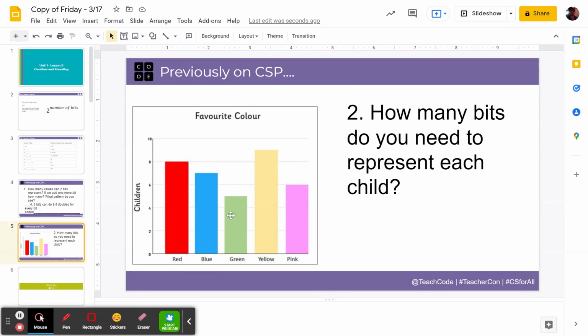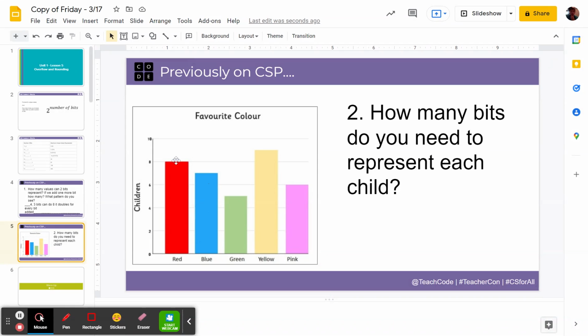The second one's a little tougher. This takes some multiple steps. So this is a chart where you have to figure out how many children there are, so you can figure out how many bits you need to represent each child. So you can look at the bar graph. I want to know how many children like red. That's 8. Then I want to know how many children like blue.